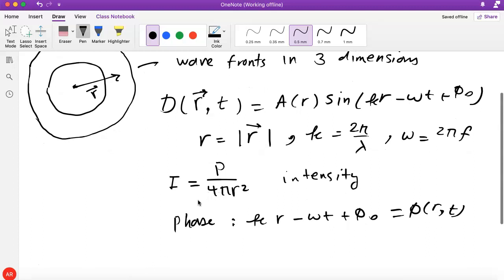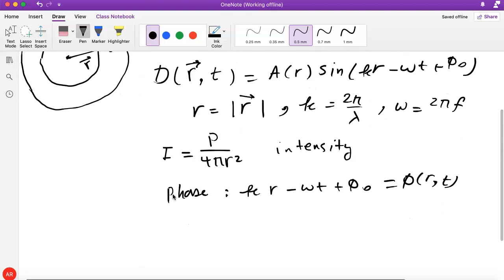One thing that we didn't talk about was how a depends on r. We said, yeah, it's some function, so energy is conserved. It has to go down somehow. So the key to that is the fact that the intensity is proportional to a squared.